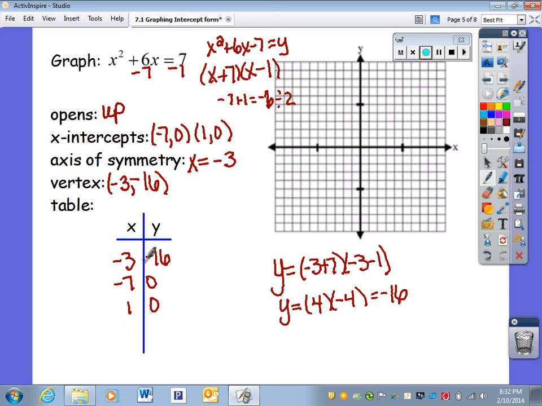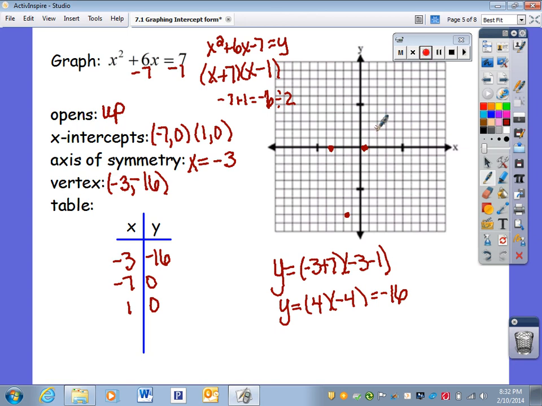So because we have our vertex being at -16 for our y value, we're going to want to go by 2's when we graph these points. So we're going to go -3, which means 1.5 boxes, and then down 8 boxes, which would give us -16. Then we're at -7, 0, which is 3.5 boxes, and at +1, which is going to be a half of a box, 0.